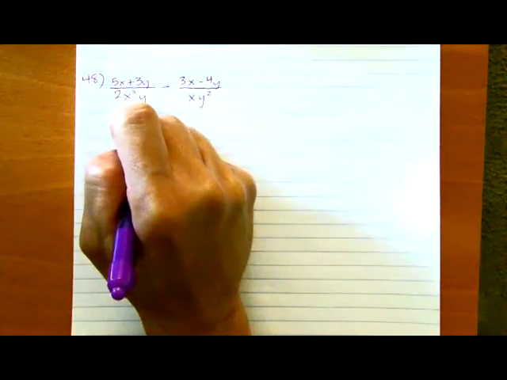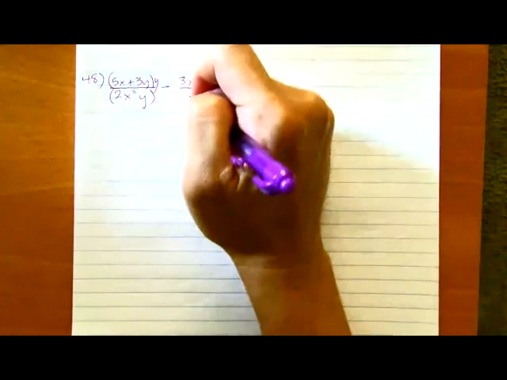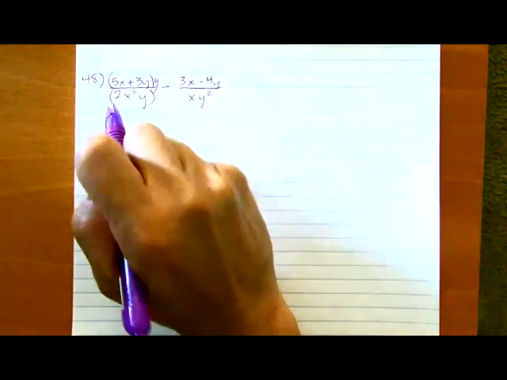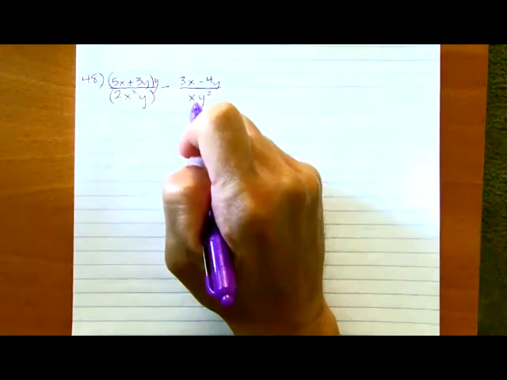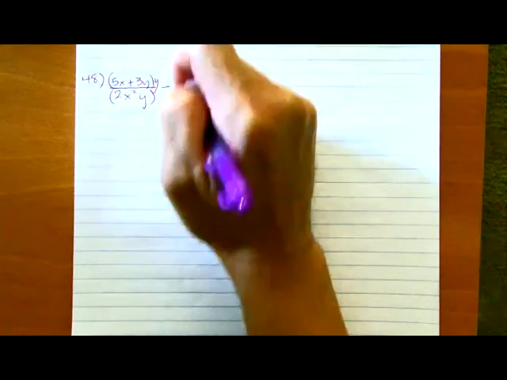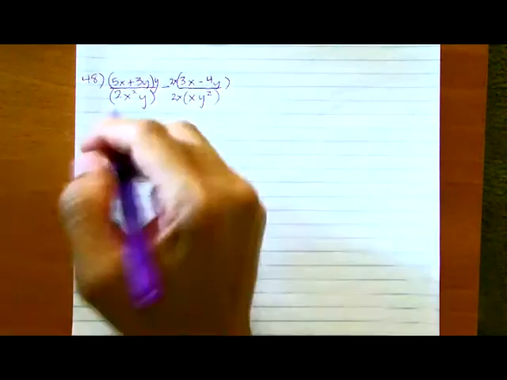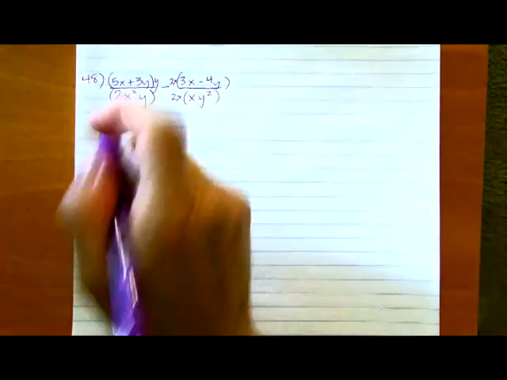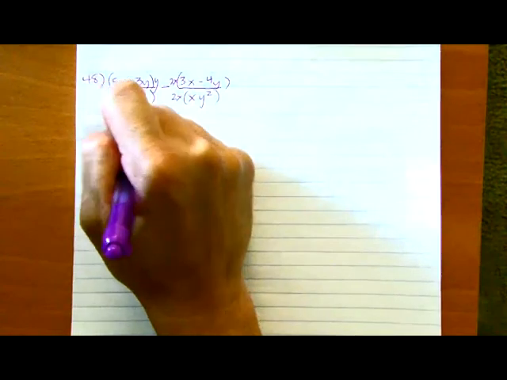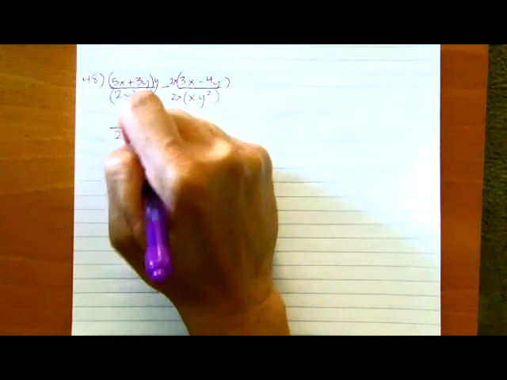This denominator needs a y squared, so we're going to multiply top and bottom by y. This denominator is missing a 2 and another x. We need x squared, so we're going to multiply by 2x. This would give us 2x squared y squared.